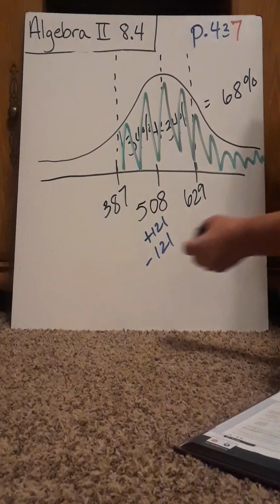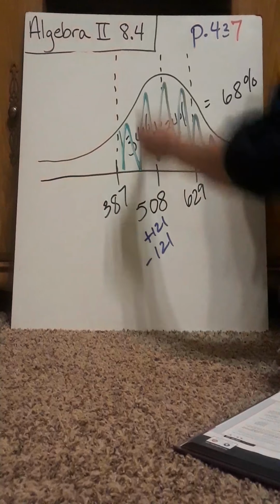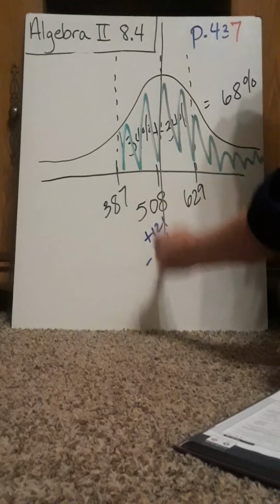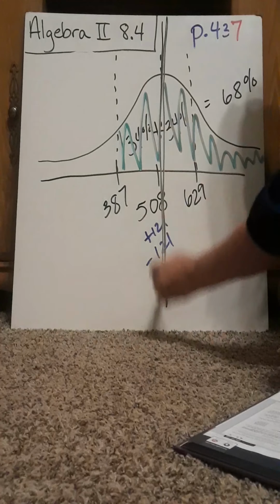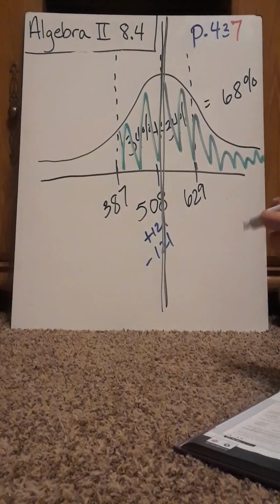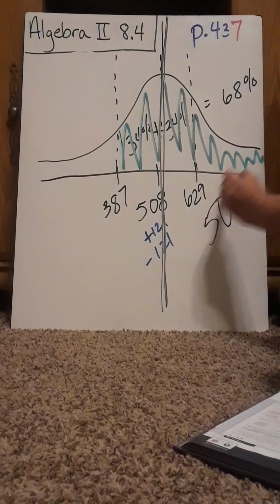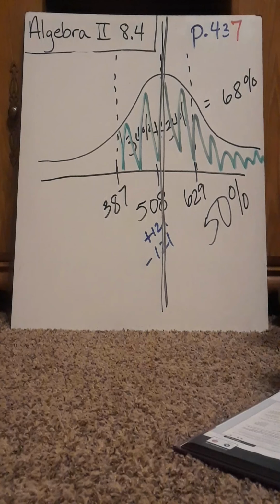I would say, okay, well 508 is my mean. This cuts your graph in half right here at the mean. So half of your data is going to be from the mean to the right, above the mean. Half of your data is going to be above the mean, half of your data is going to be below the mean.